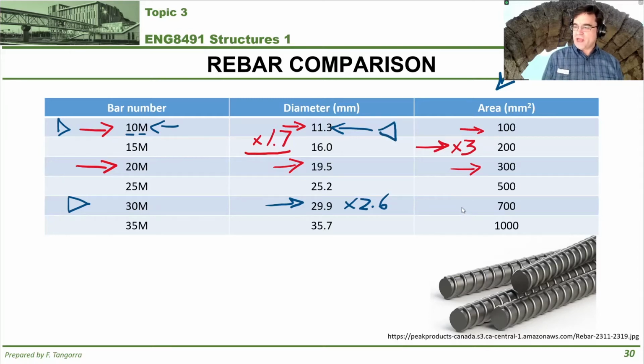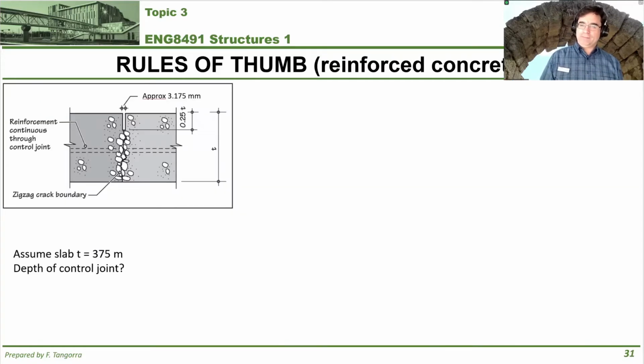But look at what happens to the area. It's 7 times larger than the area of a 10M bar. So that means that getting something that's 2.6 times bigger results in 7 times the cost. So this is important to point out. I wanted to make sure that you saw this: 7 times more expensive. Okay, all right.